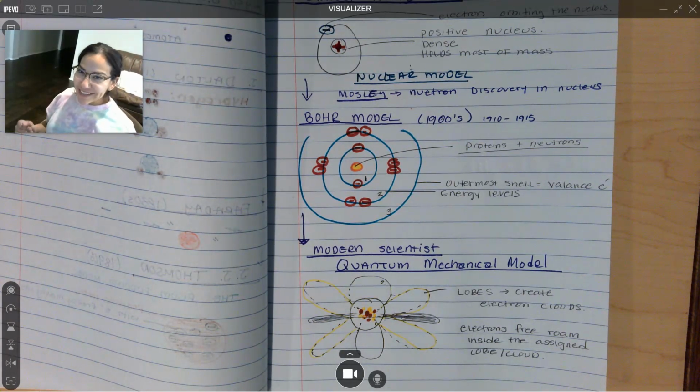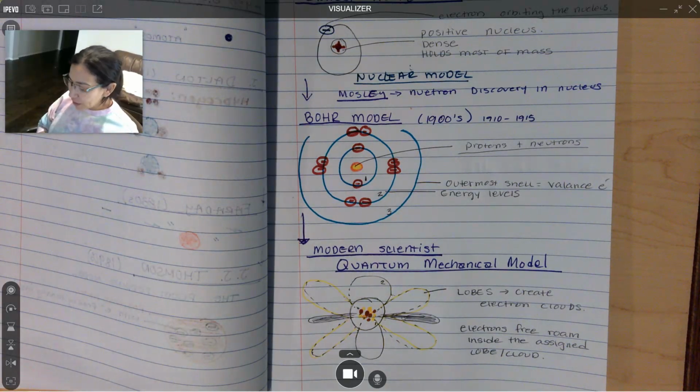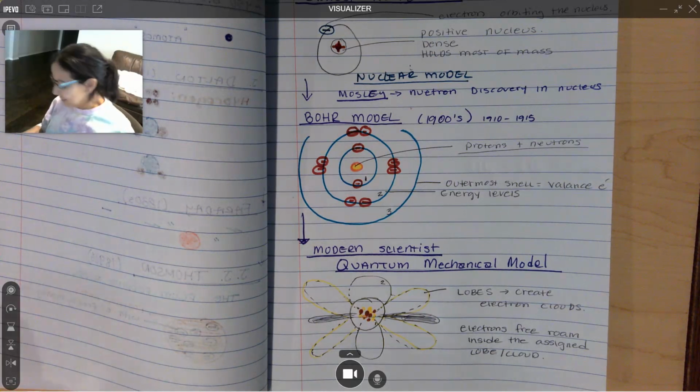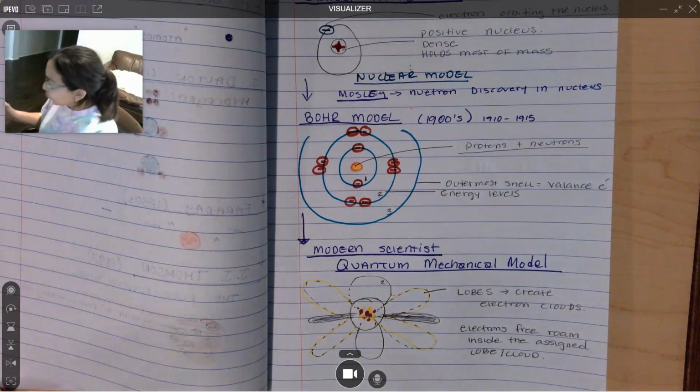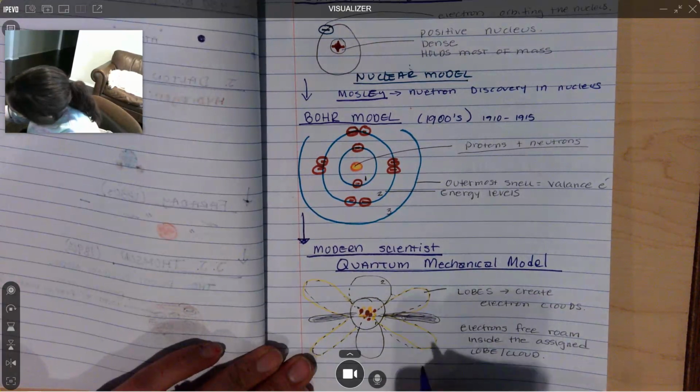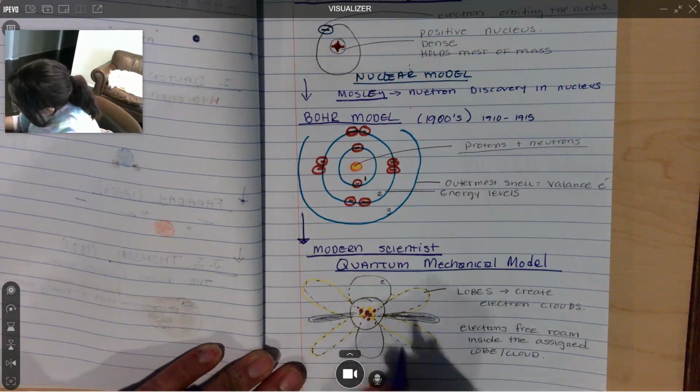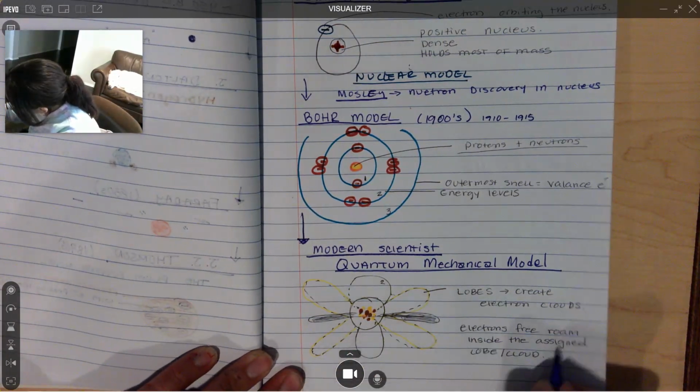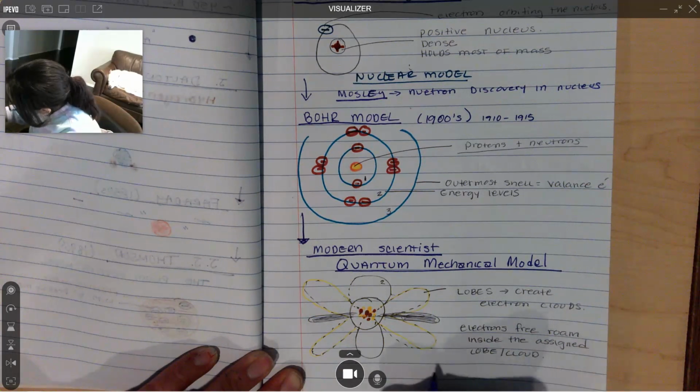All right, awesome, right? We just built our entire atom through history, all the way from 450 BC with Democritus to our modern scientists, leading to the quantum mechanical model, which is going to lead to wave duality, right? Like what? All right, wave duality. We learned because of the movement in here, they're free roaming inside their assigned lobe.